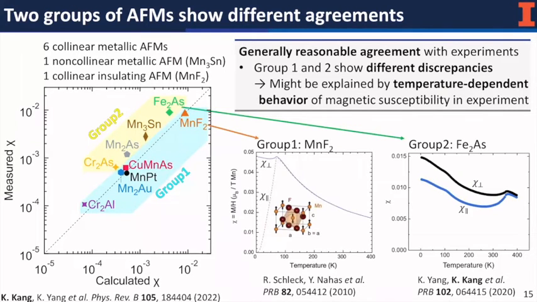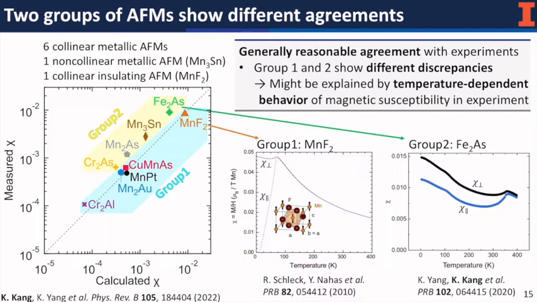When we check the temperature-dependent magnetic susceptibility measurements, we can find a difference. One of the group one materials, manganese difluoride, follows the typical temperature dependence of magnetic susceptibility of antiferromagnets. The perpendicular susceptibility is almost constant, while the parallel magnetic susceptibility goes to zero at zero kelvin.